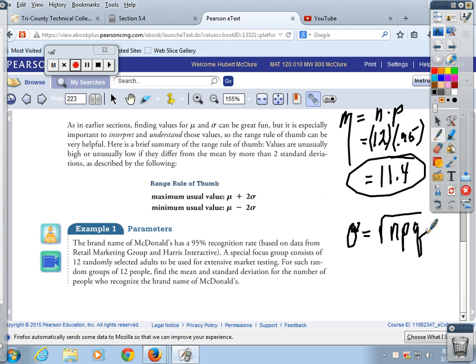So we just have to take 5% of this. Now what's 10% of 11.4? What's 1% of 11.4? 0.114, right? Or 0.11. What is 5 times 0.11?